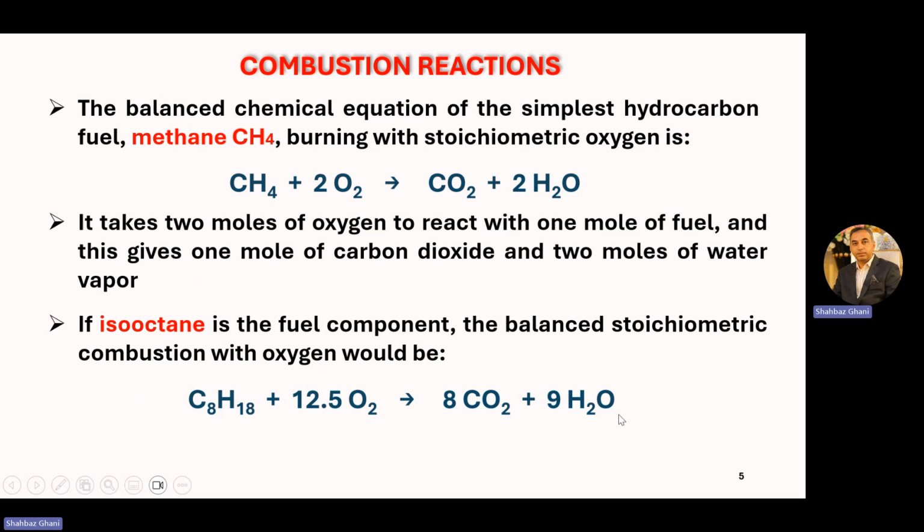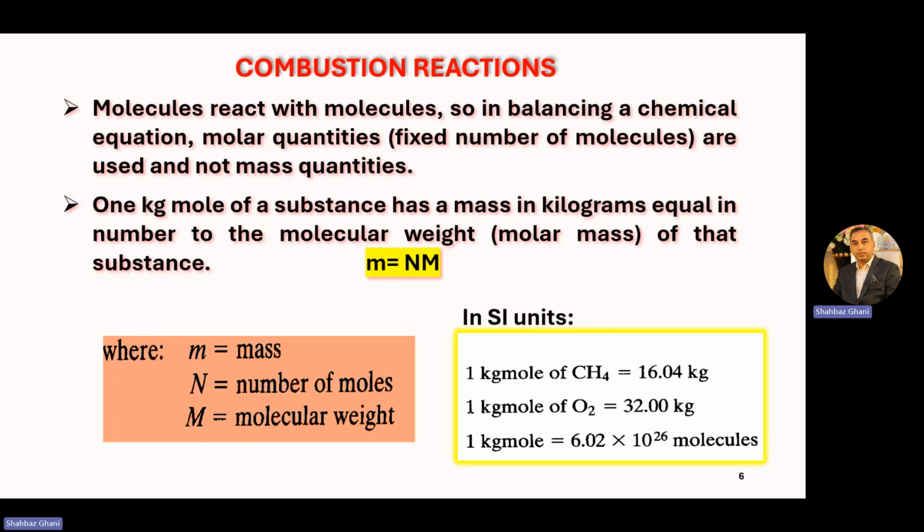So this is how your chemical equation will be balanced. Molecules react with molecules, so in balancing a chemical equation, molar quantities, a fixed number of molecules, are used and not mass quantities. Remember this.